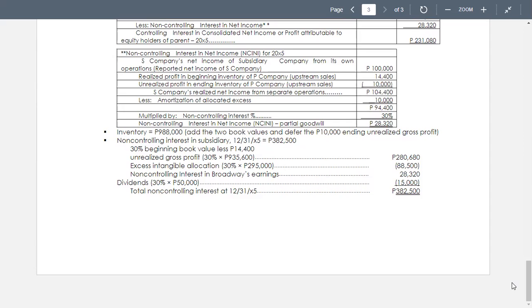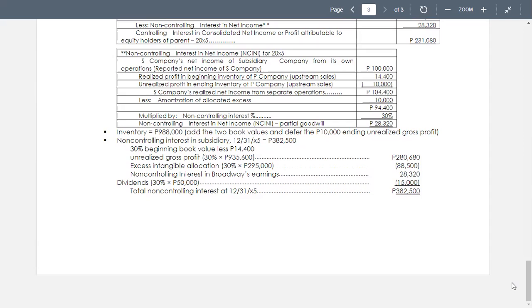How did we get 50,000? For S company, its sales is 600,000, and then we deduct cost of goods sold of 300,000. The difference is gross profit of 300,000, and we deduct operating expenses of 250,000. So S company's net income from its own operations is 50,000.